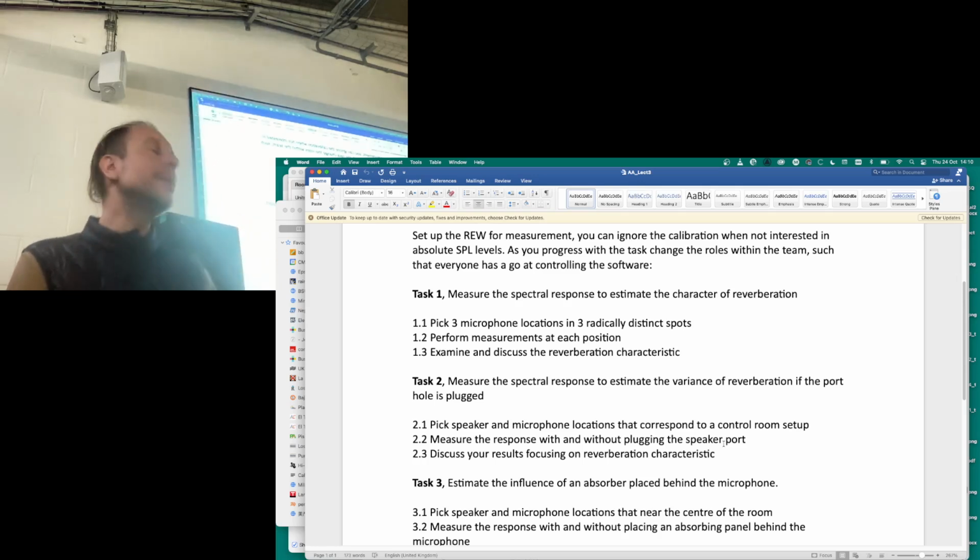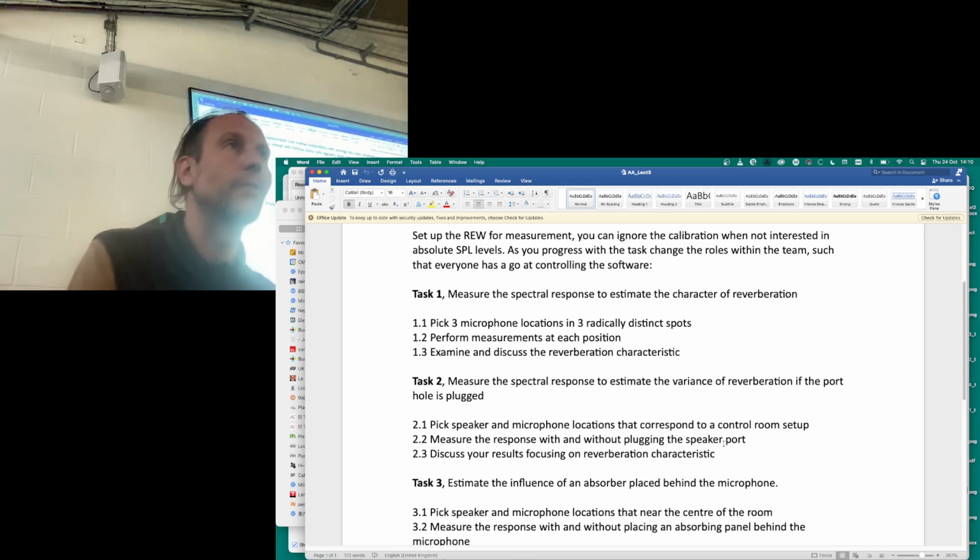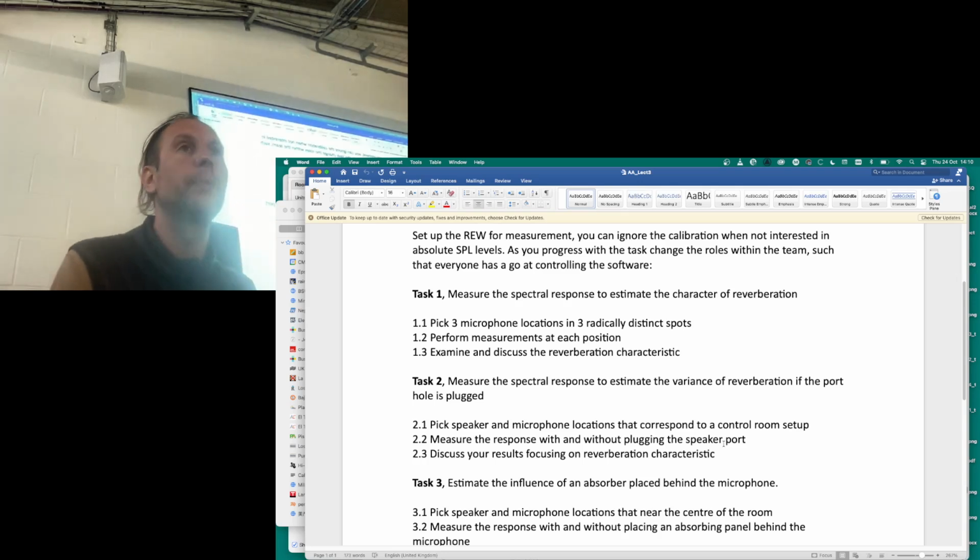So the point is, there could be multiple reasons. Obviously, we didn't meticulously check the method of measurement and plugging and all the rest. But the thing that we can resort to easily in terms of explanation is that in this room, the decay times at those frequencies are already such that the additional 100 milliseconds from the port did not show up on the measurement. Make sense?